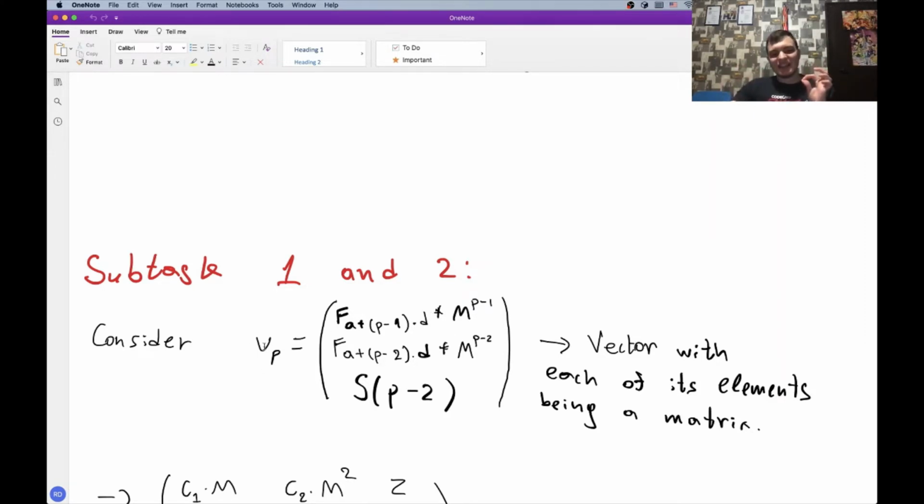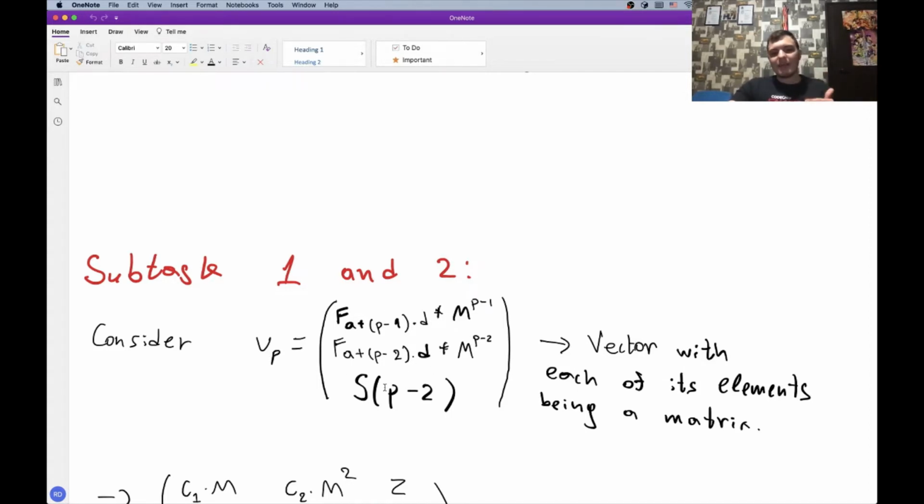So let's consider v of p, which is a vector where every element will be a matrix. And we want to calculate such a v so that our answer will be the last thing in the vector. So v of p will have 3 elements.